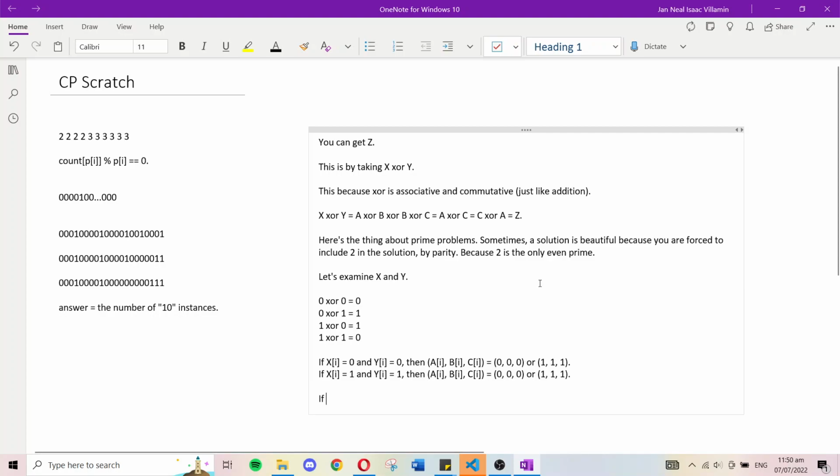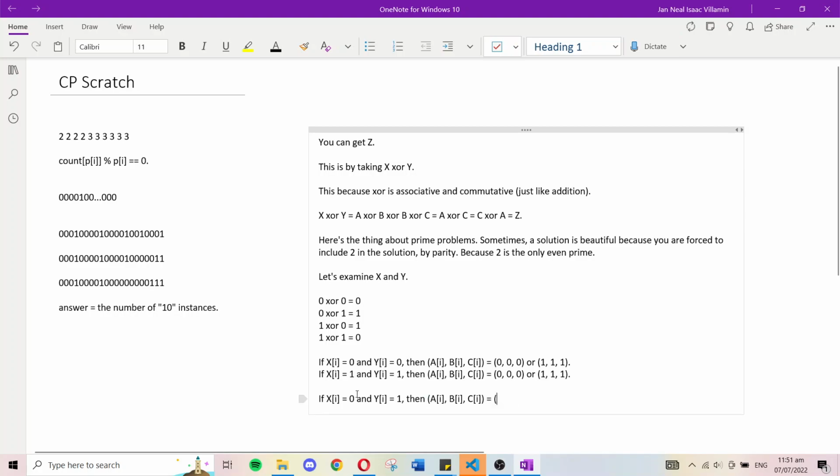Now what if they're different? Say xi is 0 and yi is 1. There are two possible cases. The first is xi equal to 0, and xi is basically ai XOR bi, right?